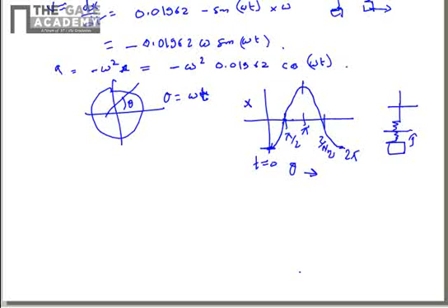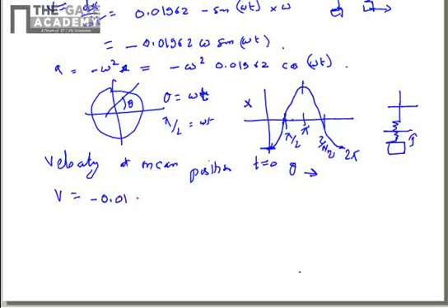By seeing this graph, we can simply substitute theta equal to omega t equal to pi by 2 in this expression, and we can get the velocity at mean position: v is equal to minus 0.01962 omega sin omega t.